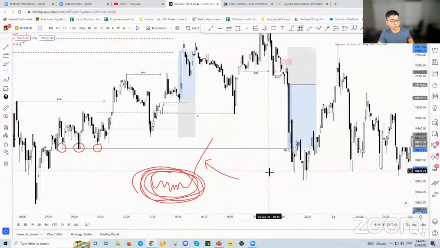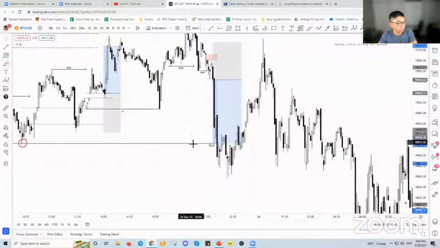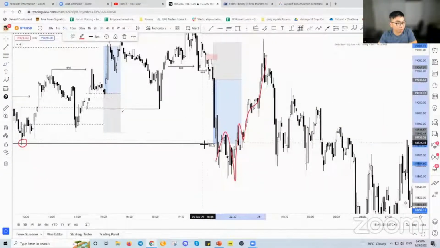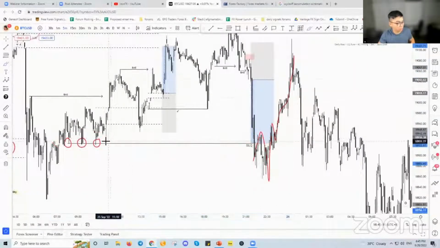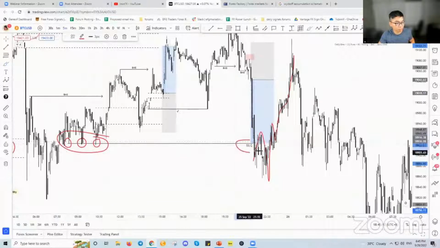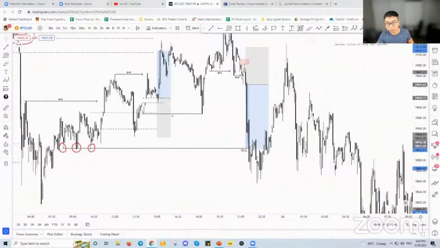Okay, let me clear this. So you can see here, price accumulated before it went back up upon clearing the sell side liquidity. Liquidity is a very, very important concept to read up on.